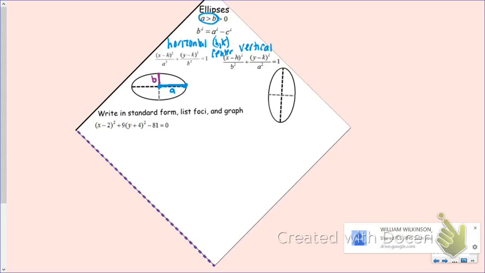So that distance is B. Since the A distance is bigger, that point that's outside is going to be our vertex. The point where B touches, since it's not the bigger one, is still a good point for our graph. We call that the co-vertex.